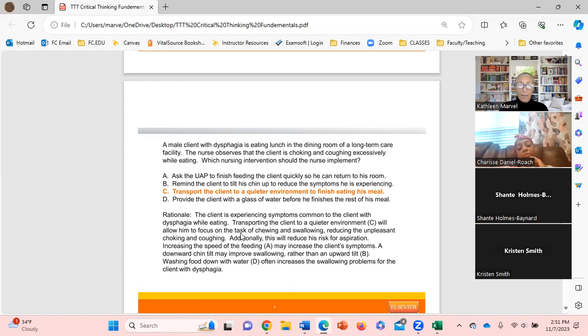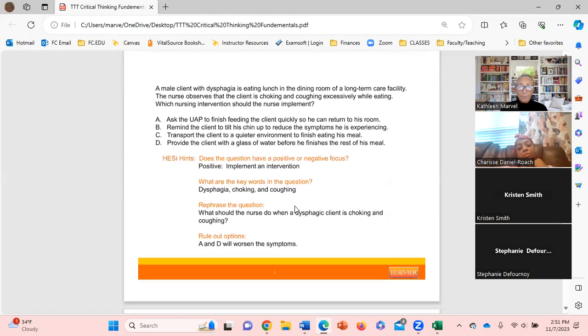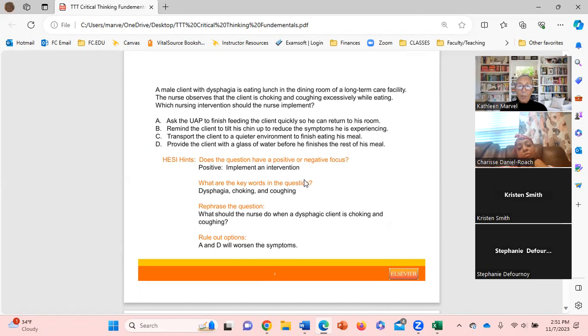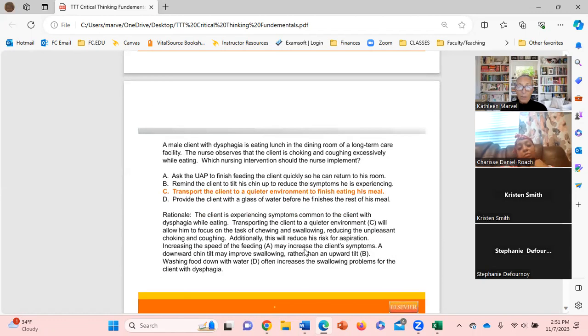And then it's not an upward tilt, it would be a downward tilt. That's why B's wrong, right? And then D, provide the client with a glass of water before he finishes, that often increases the swallowing issues.